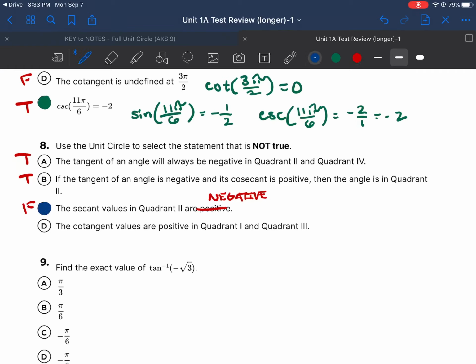And just for good measure, even though we identified our false statement, let's go ahead and take a look at statement D. The cotangent values are positive in quadrant 1 and quadrant 3. Well, remember, cotangent is the reciprocal of the tangent. So if tangent is positive, so too will cotangent be positive. So we want to ask ourselves, really, is tangent positive in quadrant 1 and quadrant 3?